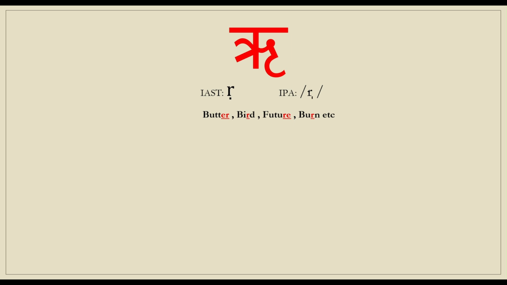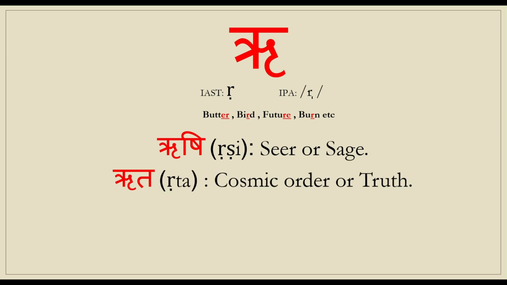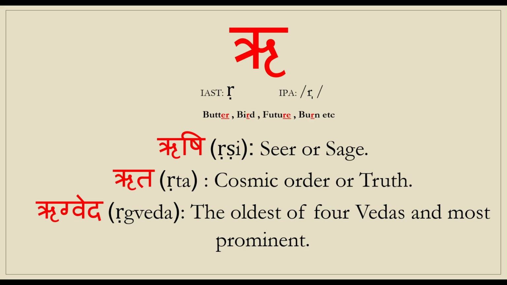Sanskrit examples which can shed even more light on this sound are the word Rishi, which means seer or sage, the word Rita, which means cosmic order or truth, and the word Rigveda, which is the oldest of the four Vedas and the most prominent one as well.